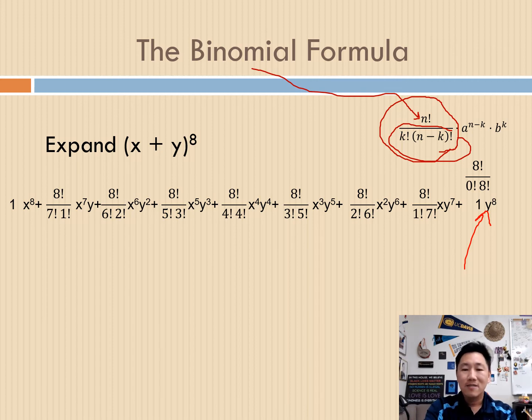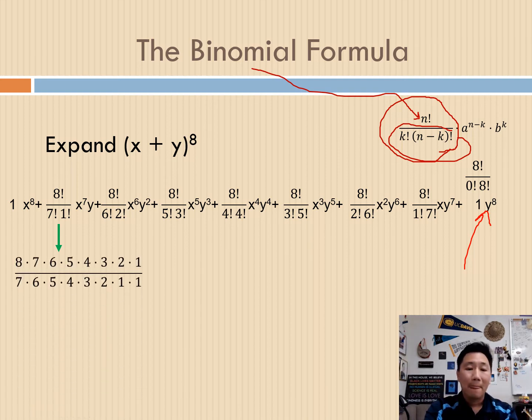All right, let's evaluate all of those factorials. Let's do one at a time. 8 factorial over 7 factorial 1 factorial. If you write it all out, it's 8 times 7 times 6 times 5 times 4 times 3 times 2 times 1 divided by 7 times 6 times 5 times 4 times 3 times 2 times 1, and then an extra 1 for that 1 factorial.